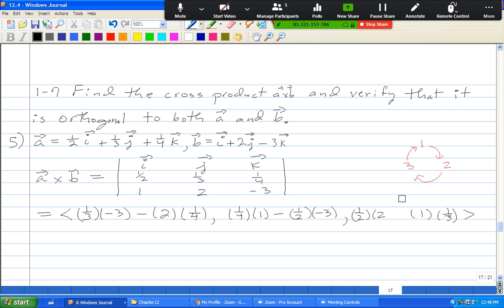Okay, so this is equal to, negative 1 minus 1/2 is negative 3/2.